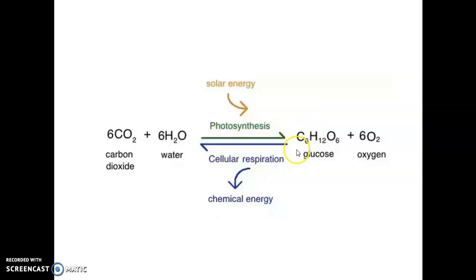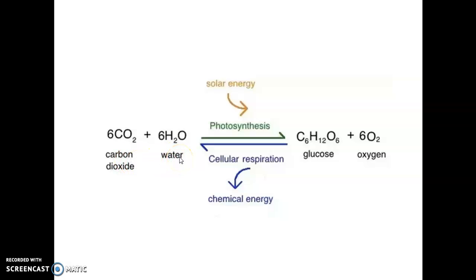So after preparing the food, the plant needs to use this food, the plant needs to eat this food. So how will it eat or consume this food? There is oxygen required for breaking down this food so that the plant can produce energy by the process of respiration, and also it will produce carbon dioxide and water.